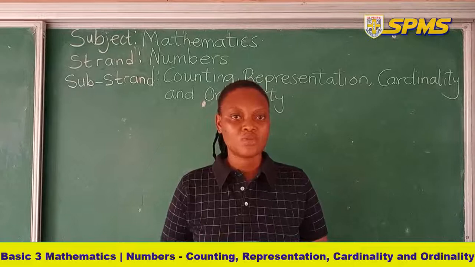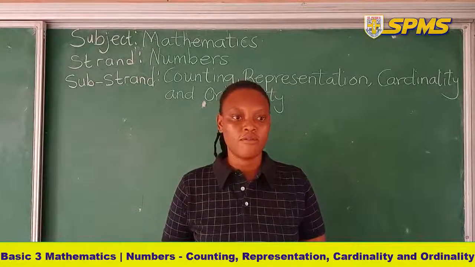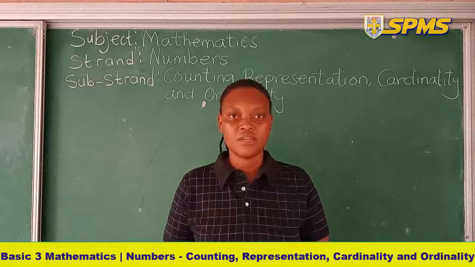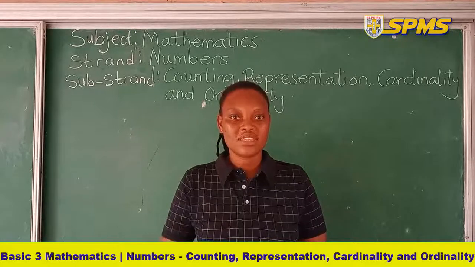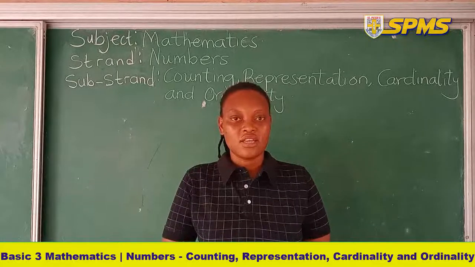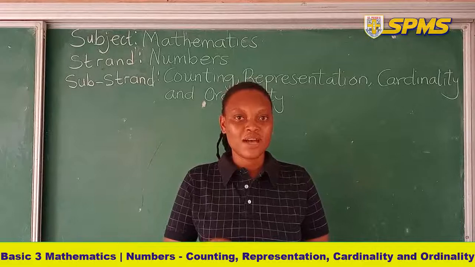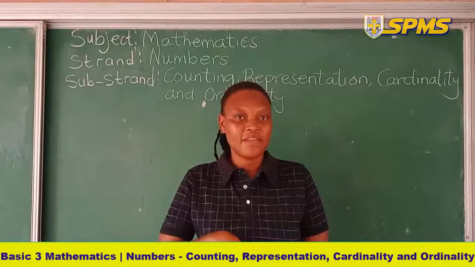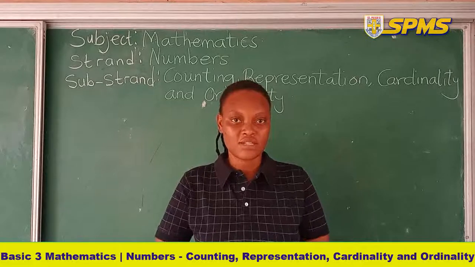In other ways, we can say that value is the worth of something. So that worth of the number tells us where the number is located. I hope that is okay.